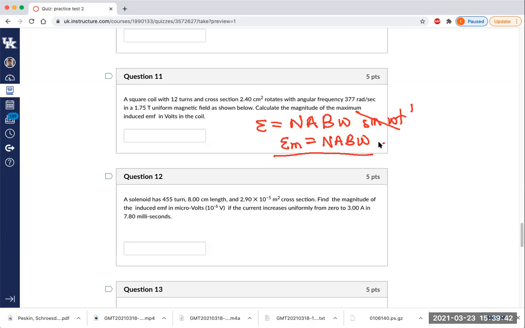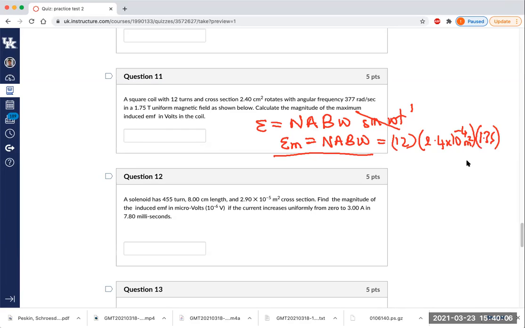And all we've got to do is fill in the number of turns, 12. The area is 2.4 times 10 to the minus 4 meters squared. The frequency and the field. So field is 1.75 Teslas.